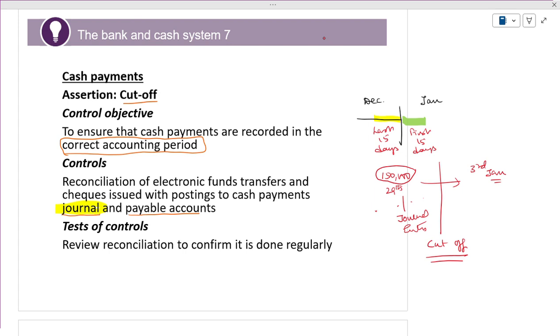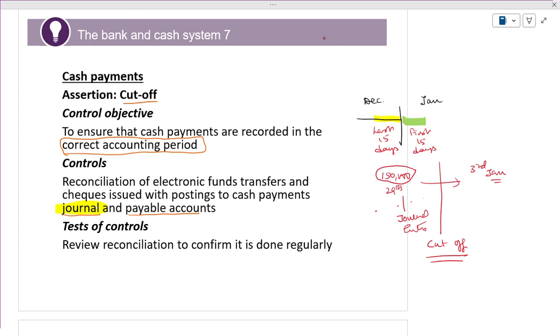Your cash book balance will decrease, but your bank balance is not decreasing. The cash book bank column will be decreased, you will reduce it by 150. But when we see the bank statement, the bank balance will still show 150 because it is going to be deposited or encashed next year.